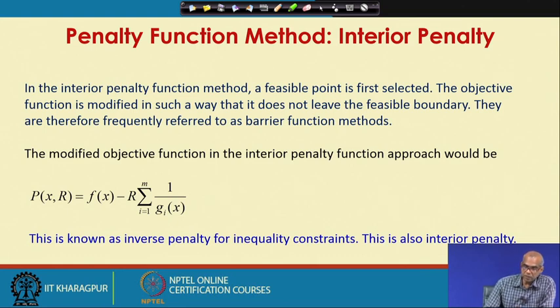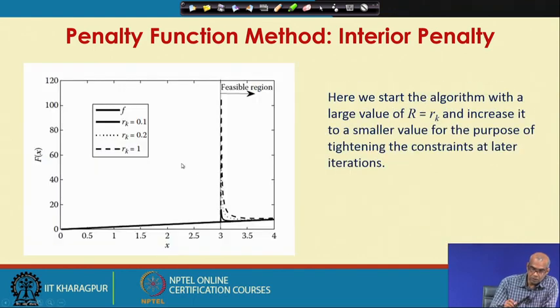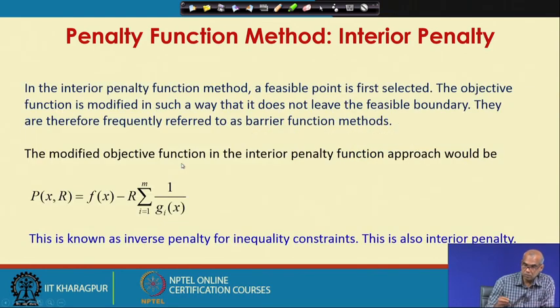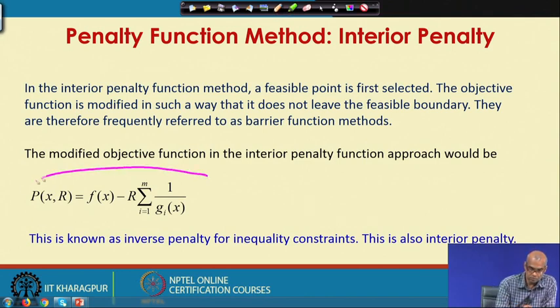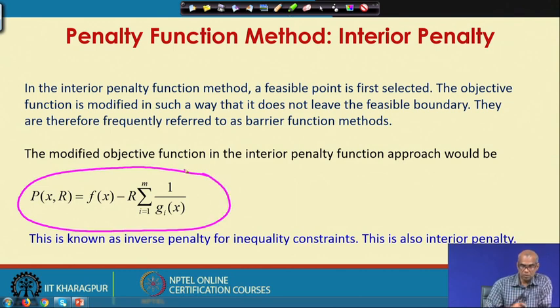So, the modified objective function in case of interior penalty function method can be as shown. Note that I have used an inverse penalty term, minus r by g x.